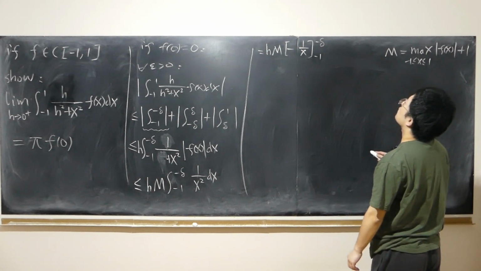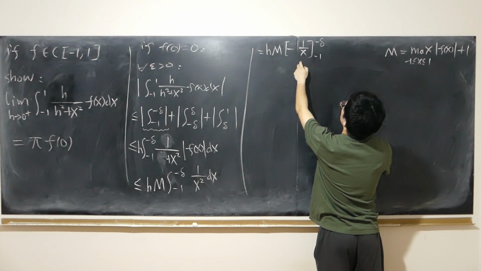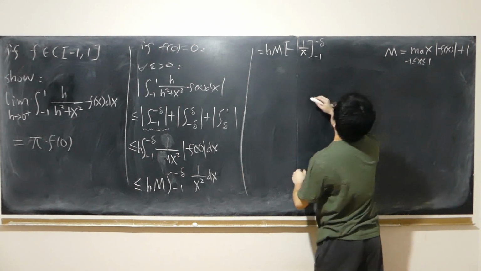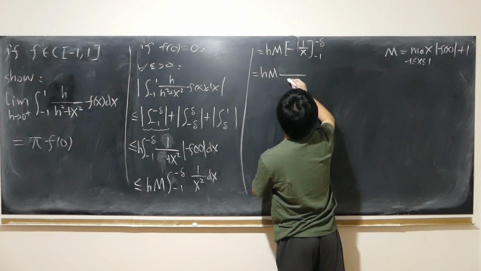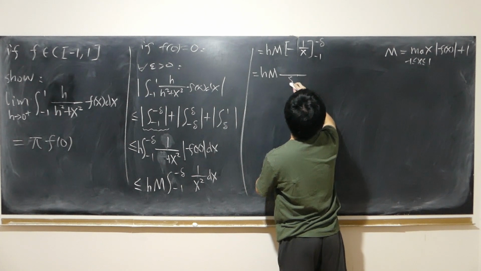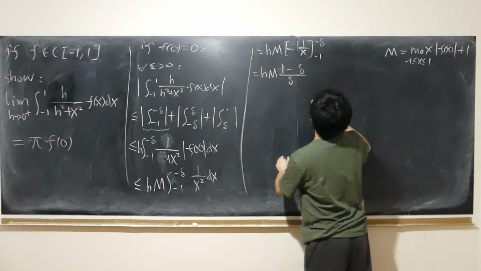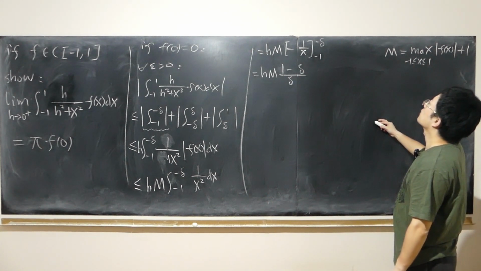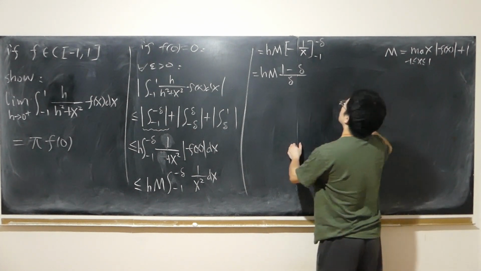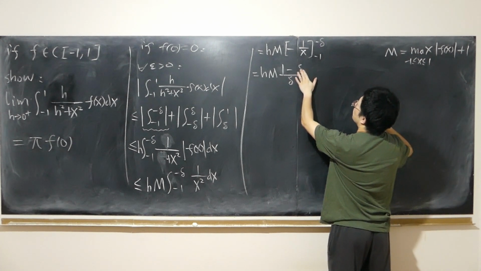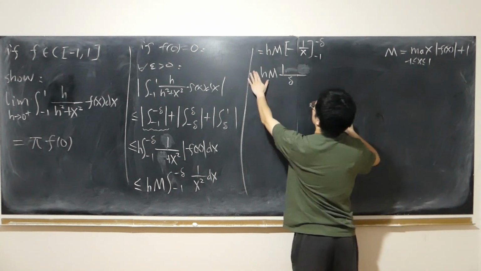I believe this should be h times M times 1 over delta minus 1, so 1 over delta minus 1 minus delta. So maybe get rid of the minus delta to make it a little bit bigger.